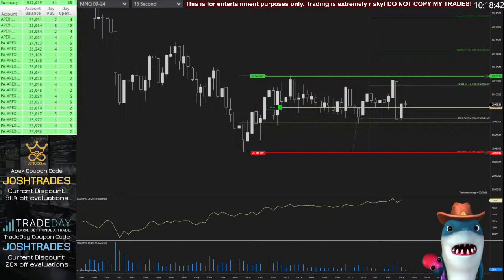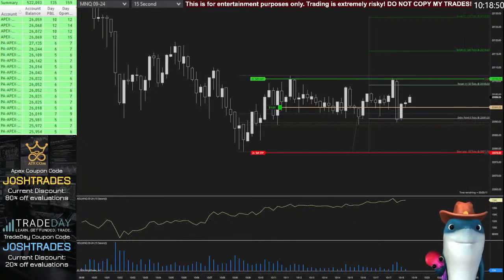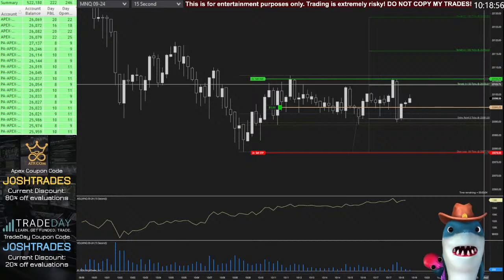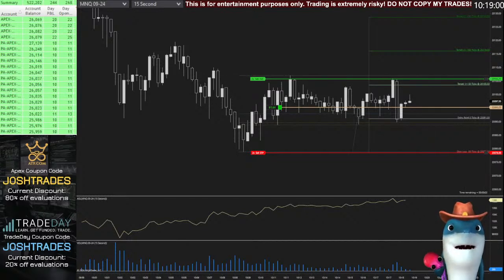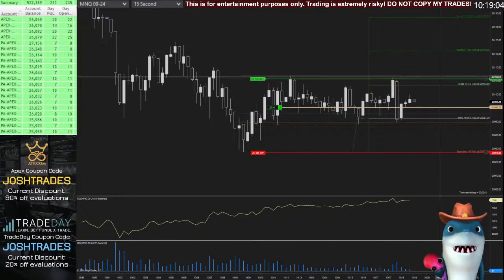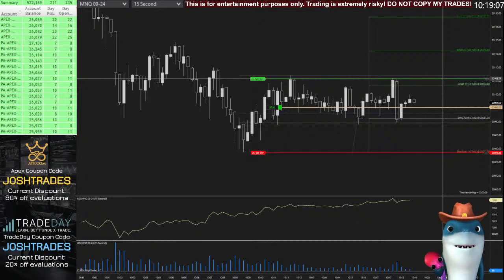So now I want to decide if I should lower my, you know what? I'll target this liquidity, so slightly lower. There is more liquidity up there. Like I said, if my liquidity target is kind of close to my 1-to-1, I'll just put it at liquidity. But if it's far away, then I just put it at 1-to-1. In this case, I thought it was close enough where liquidity would have gotten tagged.